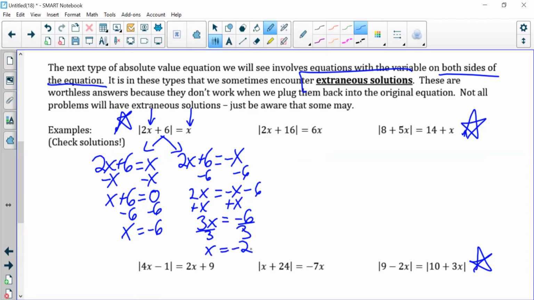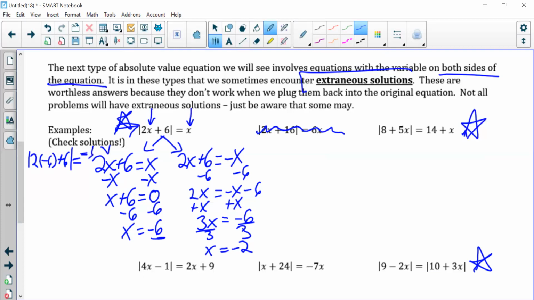All right, and this is why I wanted the extra space. So let's check the first one over here. I'm going to plug in negative 6 into my original equation. So absolute value of 2 times negative 6 plus 6 equals negative 6.